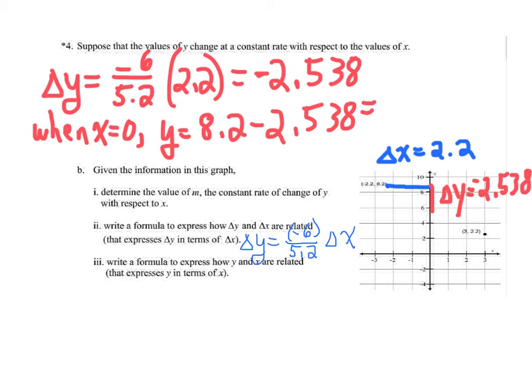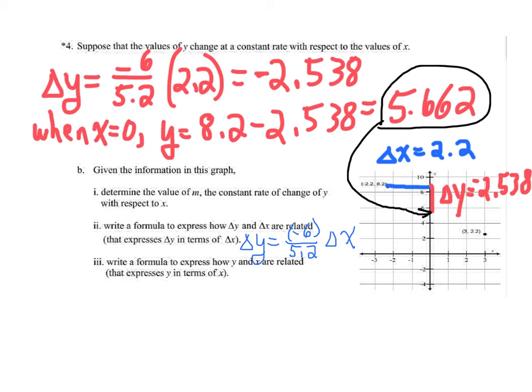This is the y-intercept of the graph of this formula. So, because we already know the constant rate of change, or the slope, the formula to express y in terms of x is y equals -6 over 5.2 times x plus 5.662.